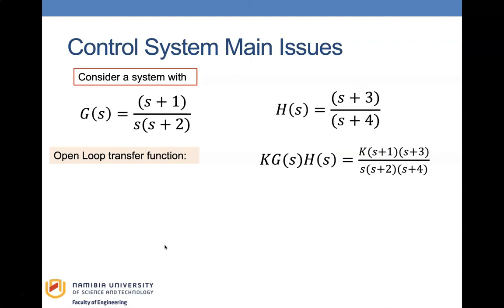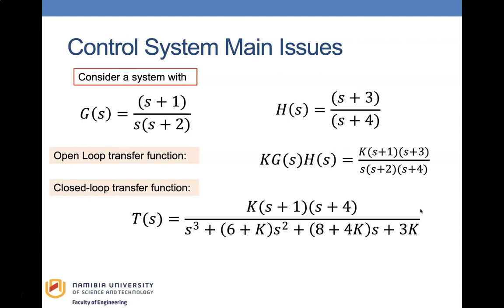We can see that the poles are easily known to be minus 2 and minus 4. On the other hand, the closed loop transfer function will be given as K (s plus 1)(s plus 4) over s squared plus (6 plus K)s plus (8 plus 4K)... plus 3K.